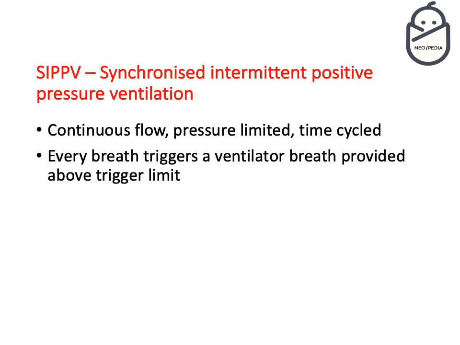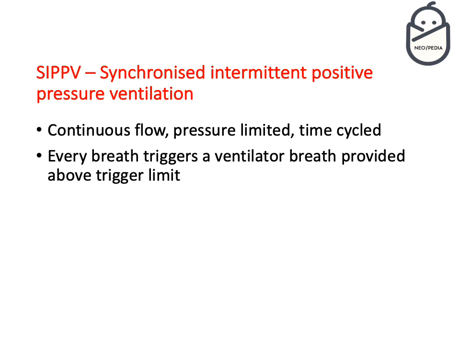Be on SIPPV, which is the synchronized intermittent positive pressure, on a very sick baby who's not breathing, HIE for example. So definitely we're going to start on SIPPV, which is going to support the baby's breathing, all right, and also any extra breath.